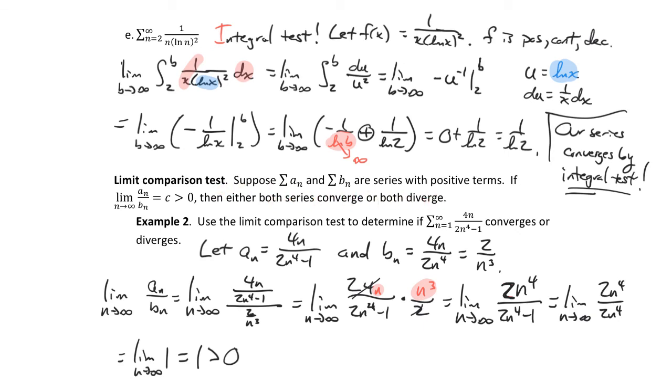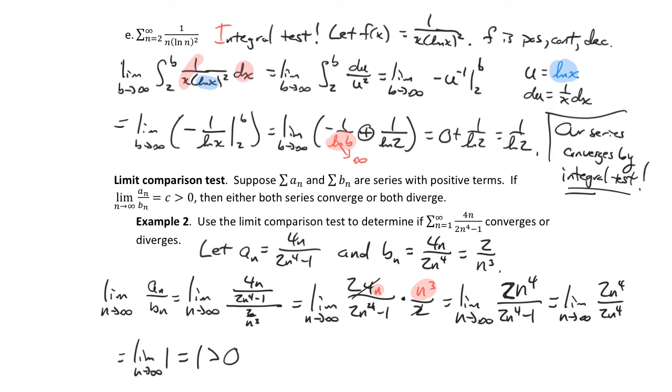I chose a sub n because that's what I was given. I made up b sub n because that would look similar to a sub n. And b sub n is a p-series with p equal to 3, which is greater than 1, so it converges.